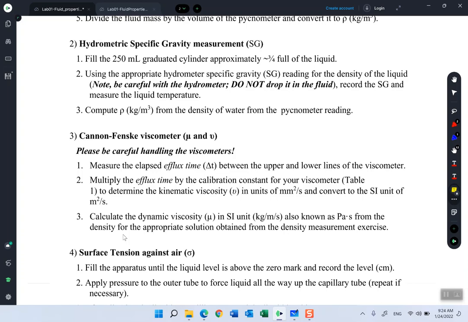So of course, the tool that we are going to use should measure the time, which is the efflux time, delta T. And we are going to use the Kinematic Viscosity, which looks like this one, to measure that time. And based on that time, we know that if that time is very small, this means that the viscosity is very small. And if that time is huge, this means that the viscosity is huge.